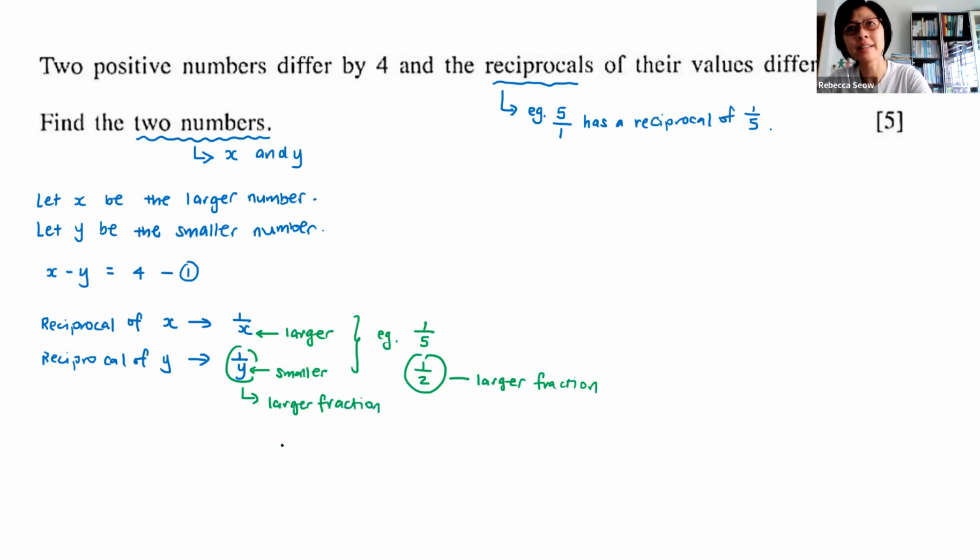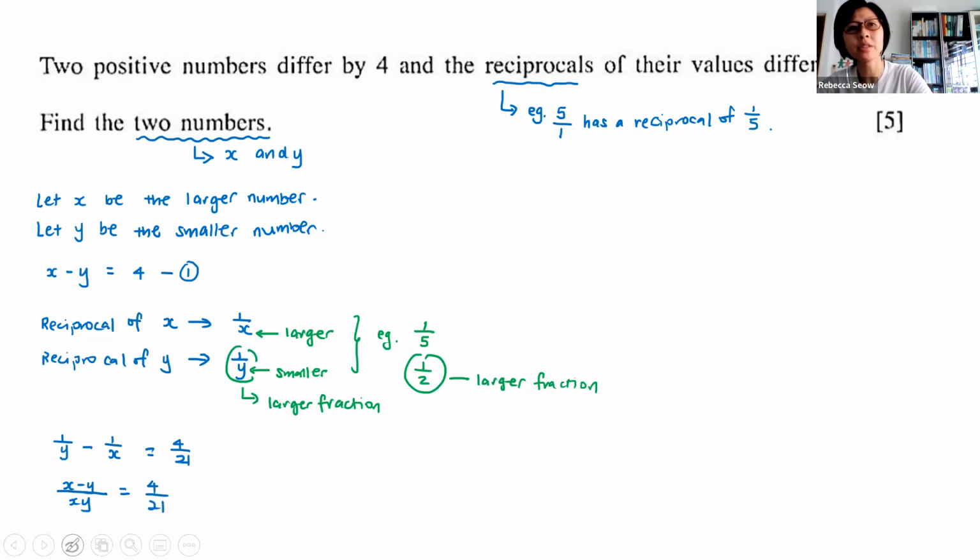So what can we conclude from here? 1 out of y, which is the larger fraction, subtract the smaller fraction 1 out of x is 4 out of 21. Let's tidy up the fraction on the left-hand side, combining it into one fraction. That will be x minus y out of xy equals 4 out of 21.